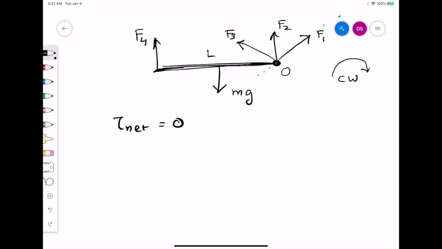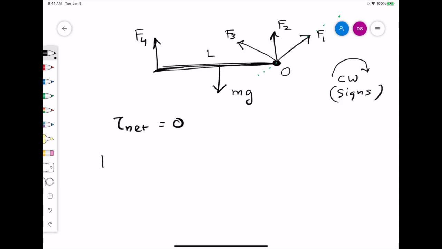Forget about everything else in this diagram. Which direction is F4 trying to rotate the bar about the point O? The answer is in the clockwise direction, right? And so that's how we know that F4 exerts a clockwise torque, and the sign that we need to give that torque is positive according to our sign convention.